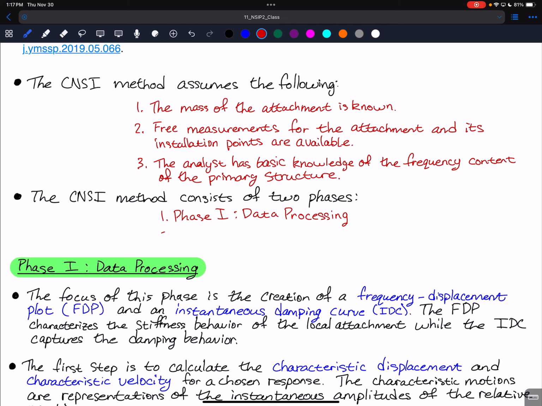And then the second phase is model selection and parameter identification, which we'll just abbreviate as model identification. So you'll use the information you gain in phase 1 to propose a model in phase 2, and then also do the identification for that model as well.